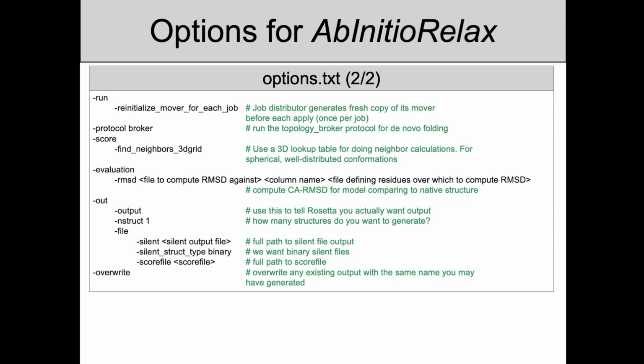Here we're just going to do one for the purposes of this demonstration. But if you're doing this for a production run, you'll want to use a very large number and generate a ton of models. And then finally at the bottom you have the directory and file name for these models that are going to be generated.